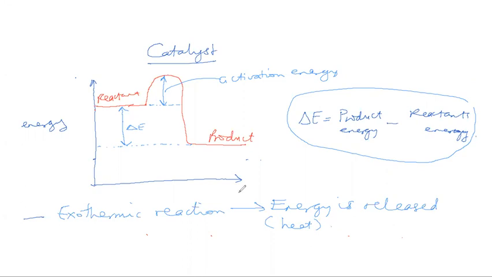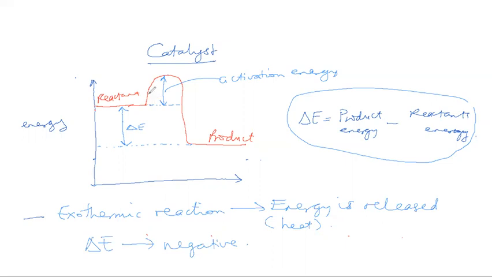Thermic means heat. So here we say that delta E, the value will be a negative number because the products have a lower energy than that of the reactants.